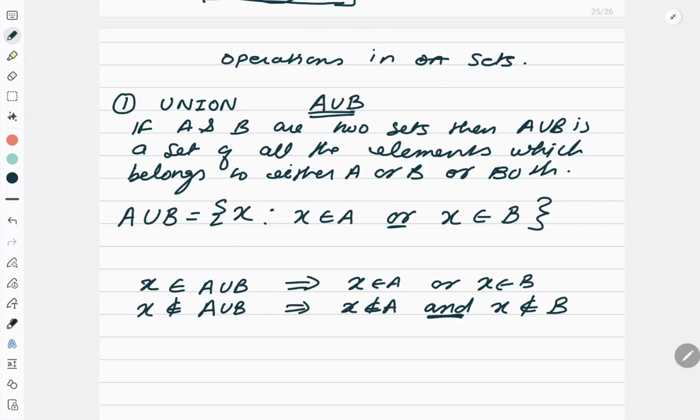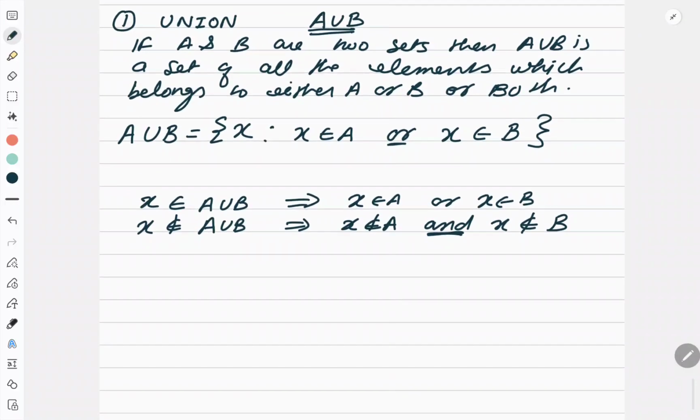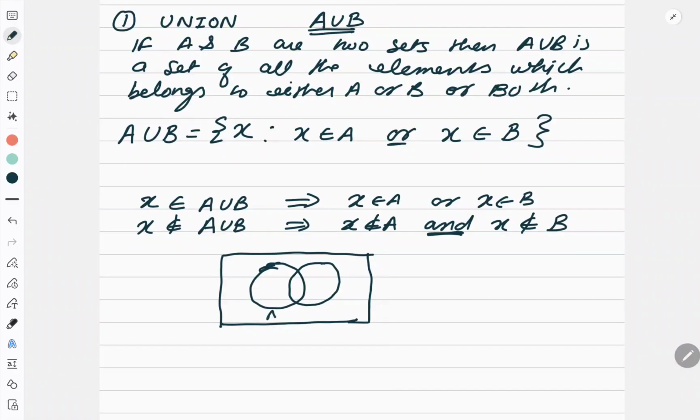Now let us see how to represent this union in Venn diagram. Suppose I have a universal set like this. This is A and this is B. So A union B means this portion.